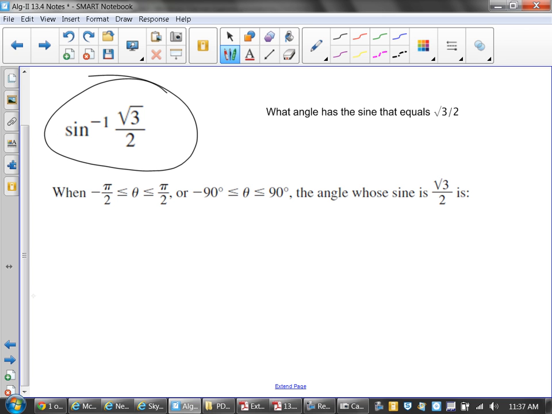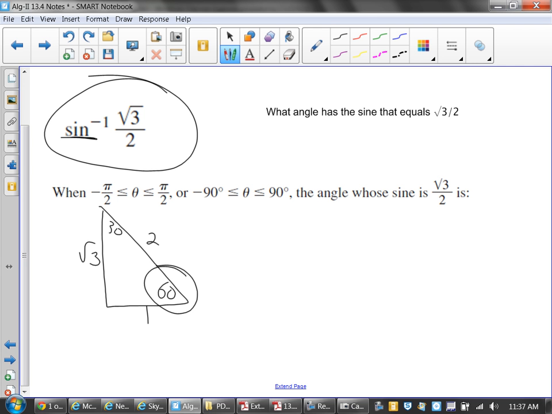Example. What angle gives you, what angle's sine gives you root 3 over 2? What triangle is that? 30-60. So if I'm at a 30-60-90 triangle, which one of those angles gives me a sine of root 3 over 2? 60 degrees gives me the sine of that, right?